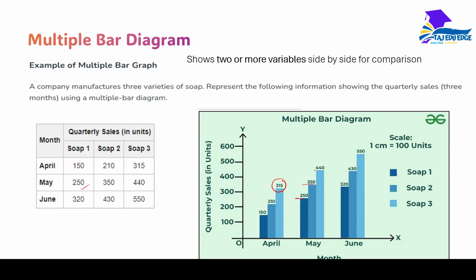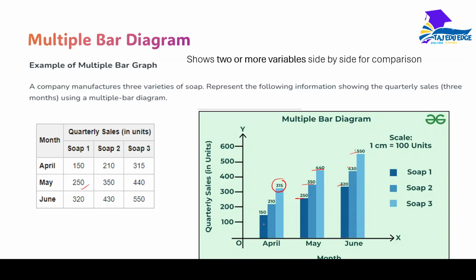Soap 2 is 350, soap 3 is 440. Again we are seeing that soap 3 is performing well. And in the month of June, soap 1 320, soap 2 430, and soap 3 550. Again we are seeing that soap 3 is performing well.